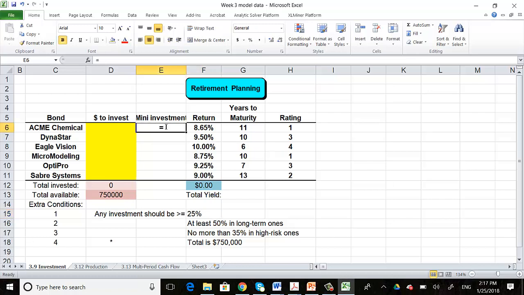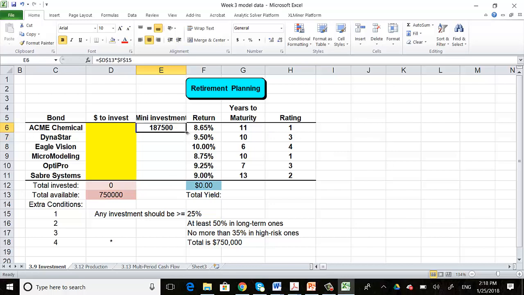So here I can put it equals this total value here, multiplied by this 25%. And you want to fix both of them, so when it's copied, it's the same. Okay, so F4. You can just fix both column and row number, because we don't want either of them to move.